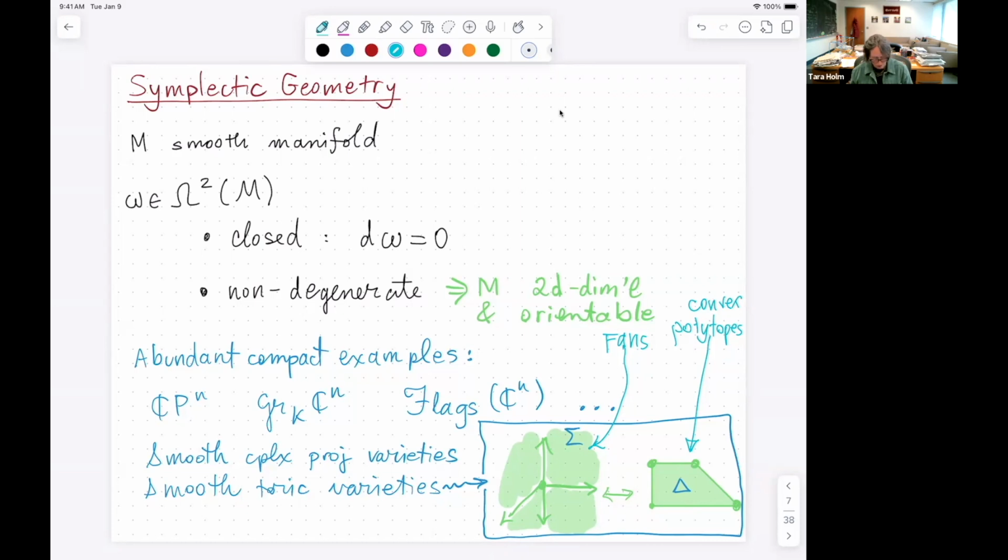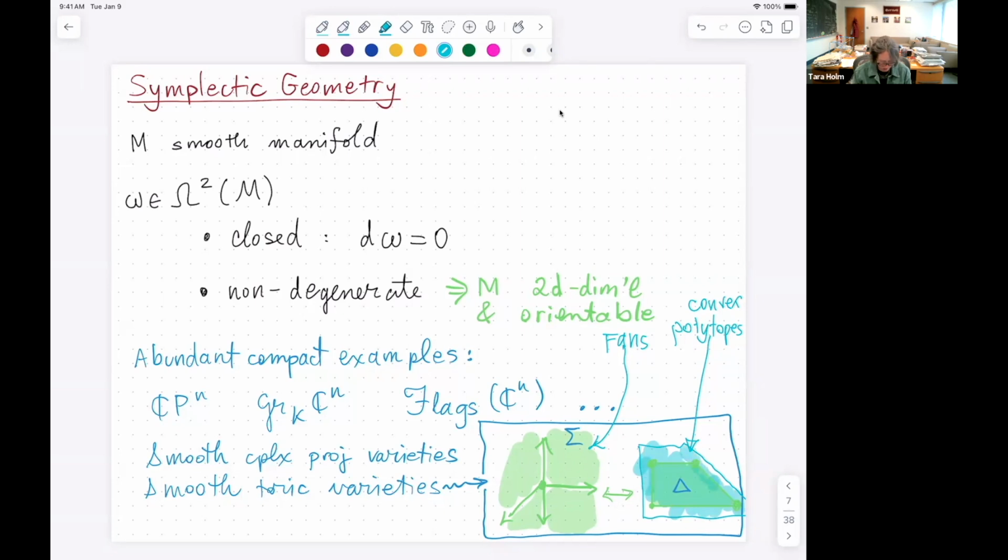And from the fan, you can construct the combinatorial type of the polytope, but not necessarily the size. And so if I take a slightly bigger polytope with the same shape, that bigger turquoise polytope will produce the same fan as the smaller green one.